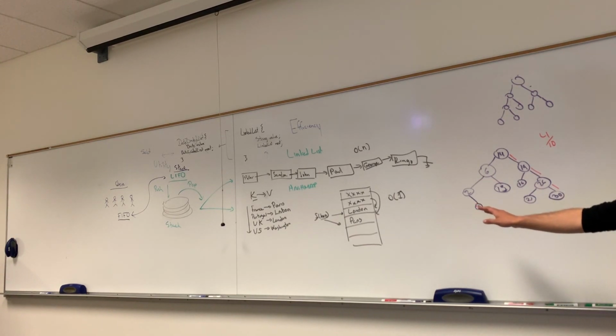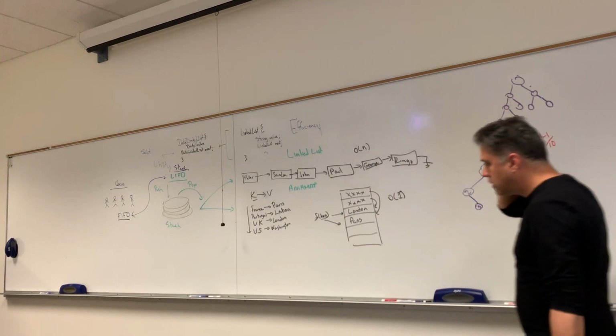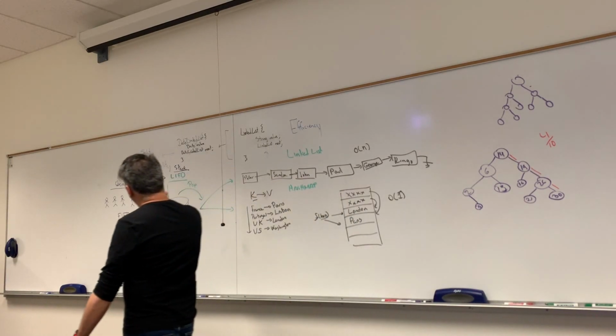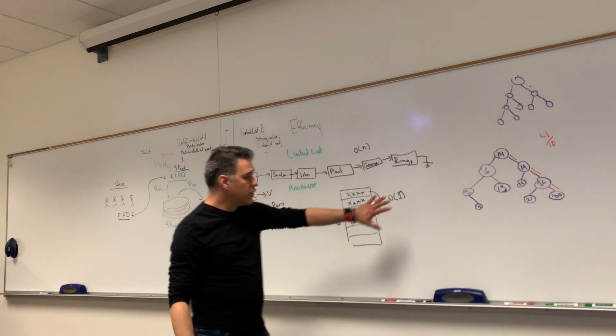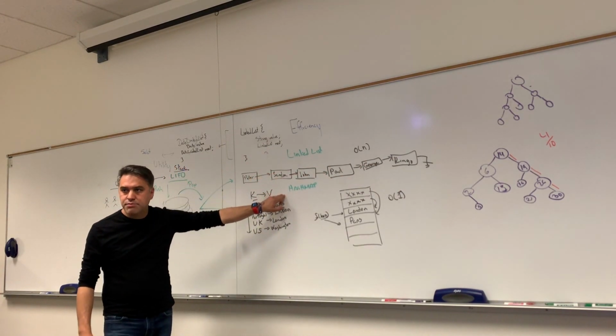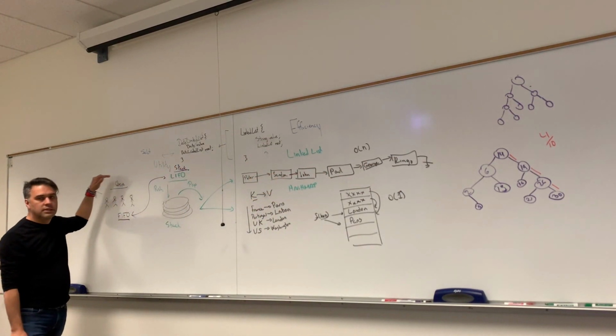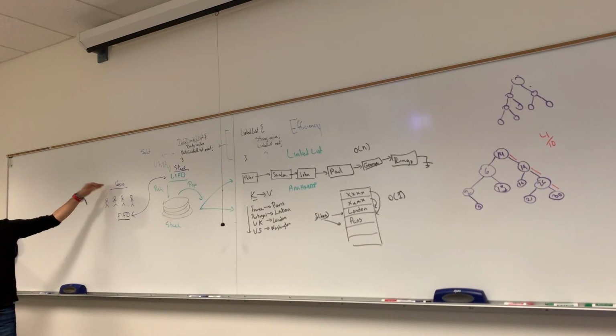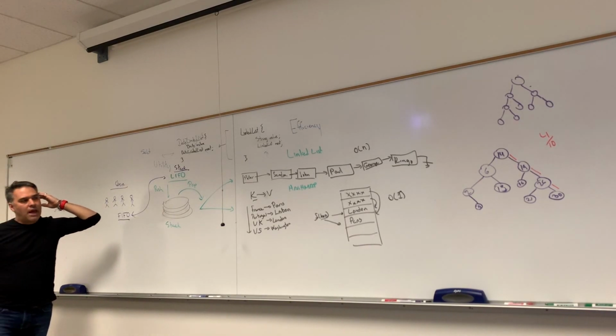Make sense? So now we know many data structures. We have a tree, binary tree, linked list, hash maps, stacks, and queues.